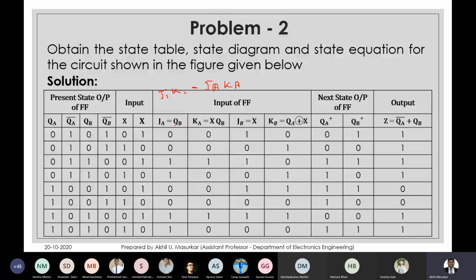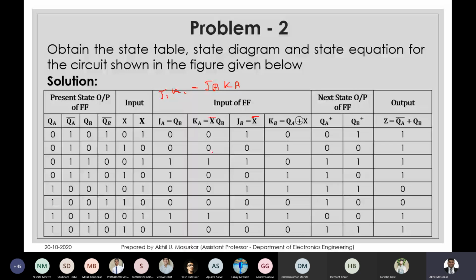You can see JA is equal to QB, KA is equal to X bar, JB is also X bar, and KB is QA X, and other things there, as you can see.